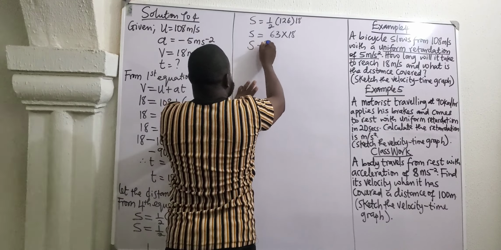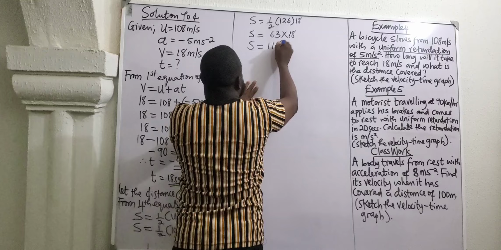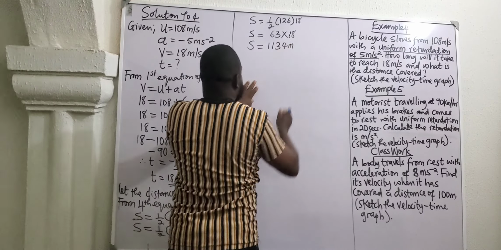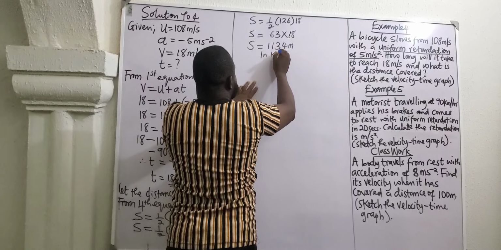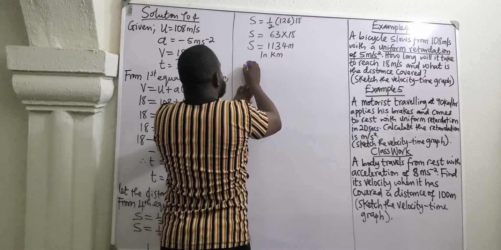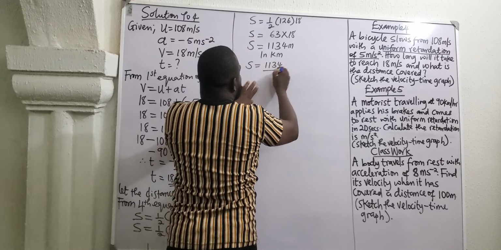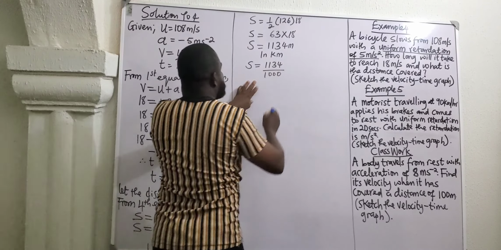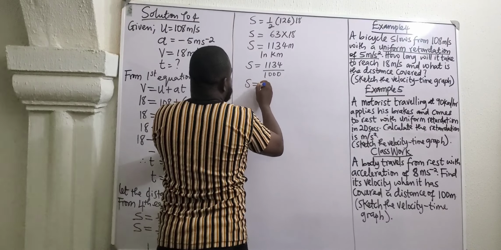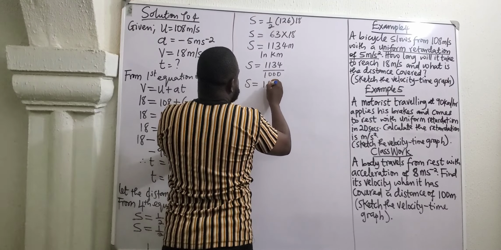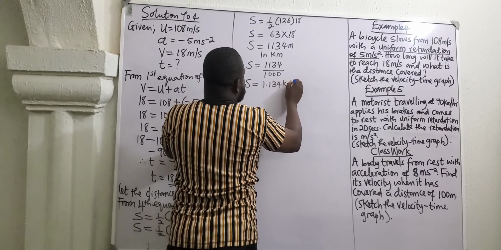That gives you s equals 1134 meters. If you were asked to find the distance in kilometers, you say s equals 1134 over 1000. That takes it to kilometers, and that will give you that distance. s is 1.134 kilometers.